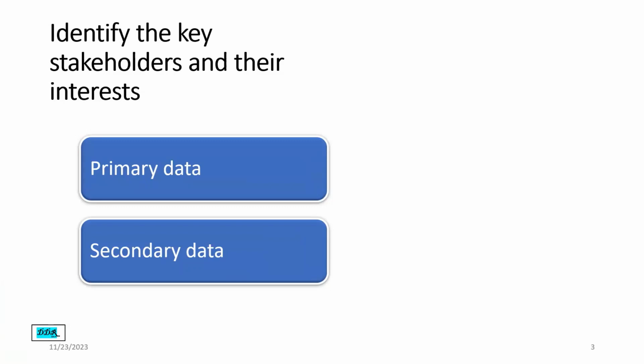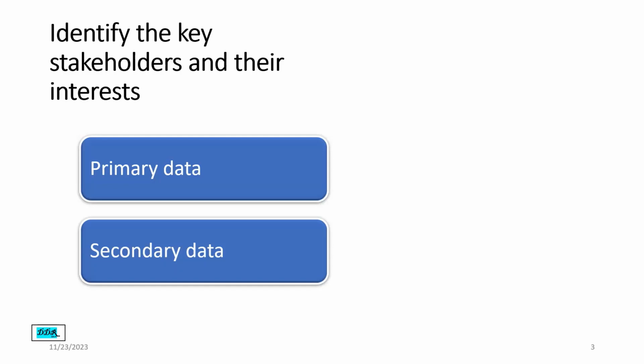Here, collecting and gathering primary data and secondary data is important. Secondary data that already exists is important to identify stakeholders, like news reports, TV, radio, organizational reports, and such. Secondary data means data collected by someone else earlier.